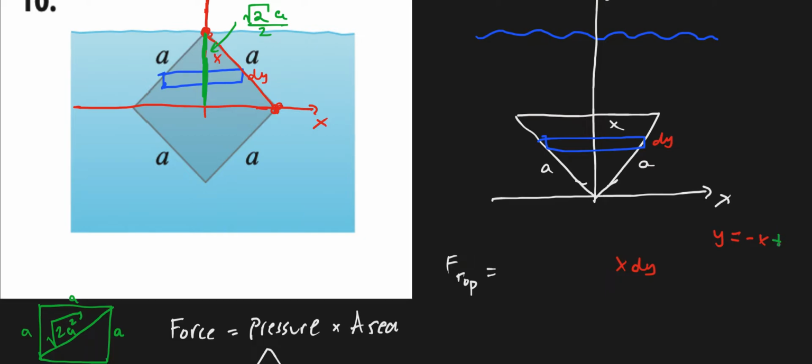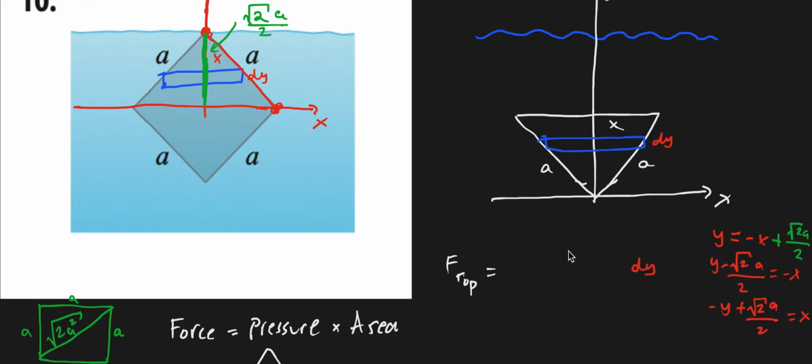So plus square root of 2a by 2. And if we rewrite this, y minus square root of 2a by 2 is equal to -x. So negative y plus square root of 2a by 2 is equal to x.